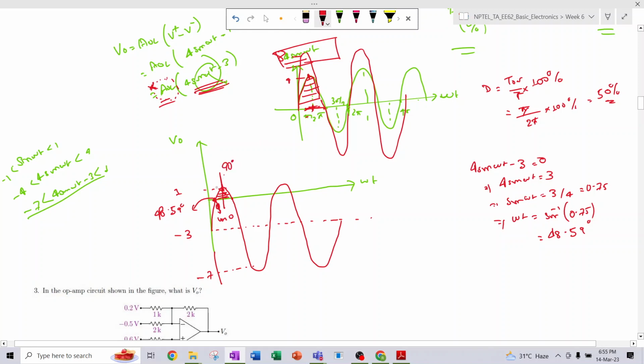So for 90 degree minus 48.59 degree, in this period the signal is on. So this is nothing but 90 minus 48.59, which is equal to 41.41. So 41.41, and as it is symmetric, here also it will be 41.41.